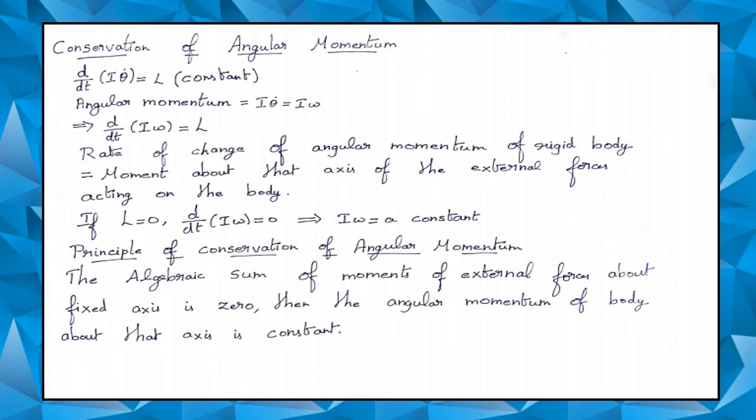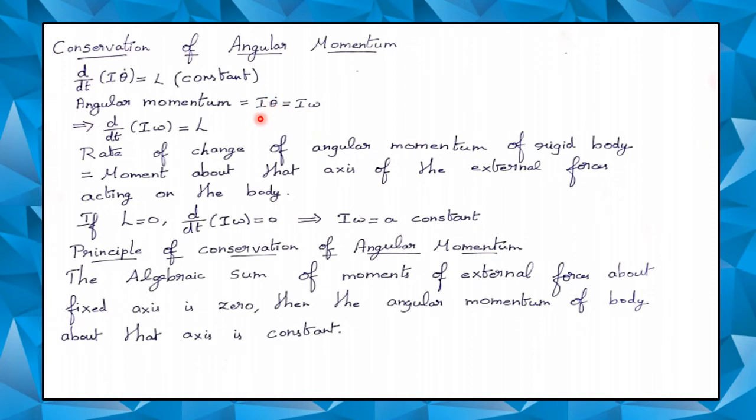Now conservation of angular momentum. We have seen that I theta double dot is equal to L. So I theta double dot can be written as d by dt of I theta dot, and that is equal to L. Angular momentum is equal to I theta dot, and that is equal to I omega.